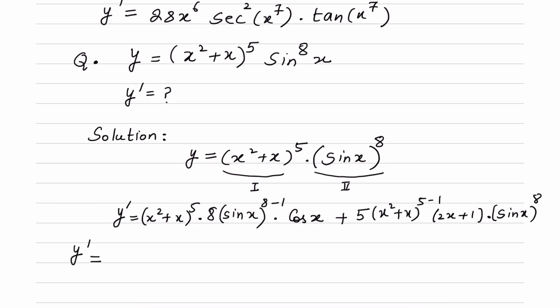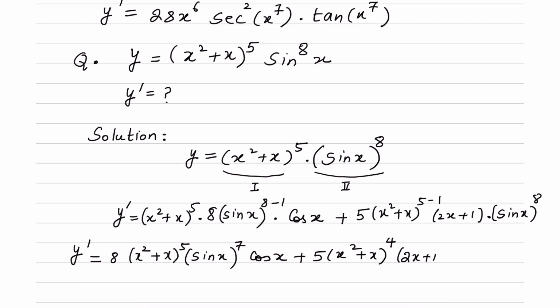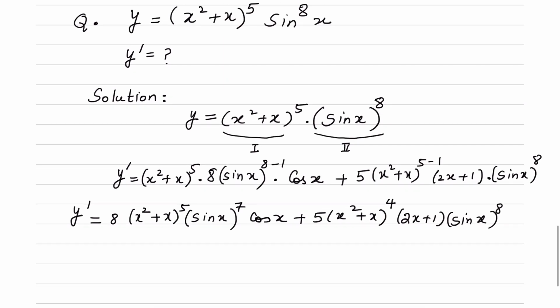So we have 8 x square plus x to power 5 sin x whole power 7 cos x plus 5 x square plus x to power 4 into 2x plus 1 sin x to whole power 8. So we have found the derivative of the expression y is equal to x square plus x to whole power 5 into sin x to power 8.